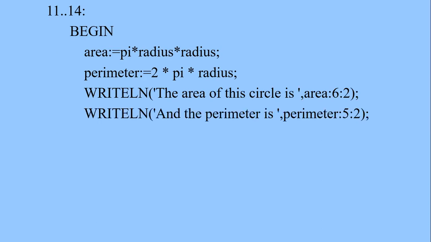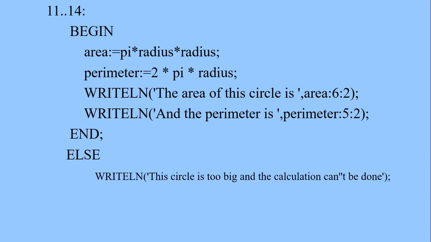It will display area as follows, it will display perimeter as follows, and end. Otherwise, if the value in radii is beyond 14, maybe it is 15, or any other figure, this message will then be displayed. None of those other cases will be executed. So it will move directly and display this statement: this circle is too big and the calculation can't be done. And that part of the program will end, and the program will end.